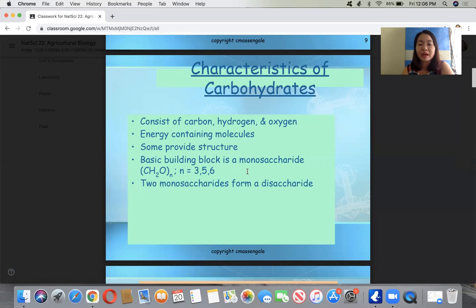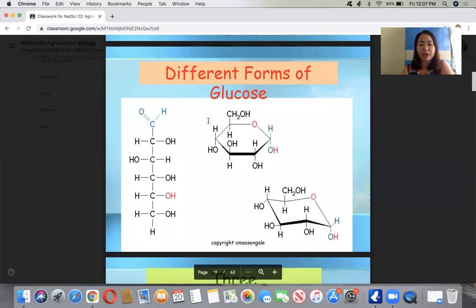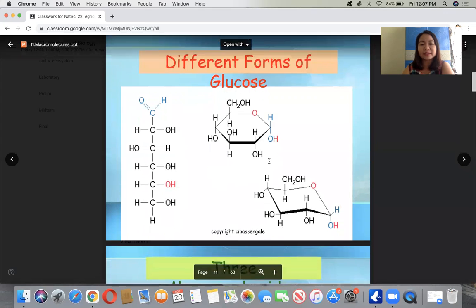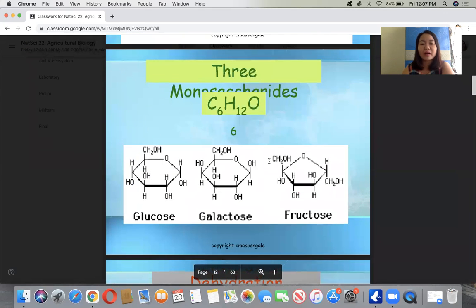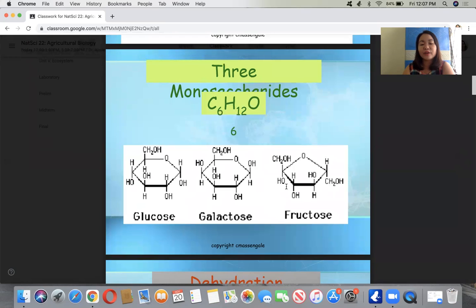Their building block is the monosaccharide, and 2 monosaccharides form a disaccharide. These are the different forms of glucose, the structural formulas of glucose, and there are 3 monosaccharides with the formula C6H12O6: glucose, galactose, and fructose.